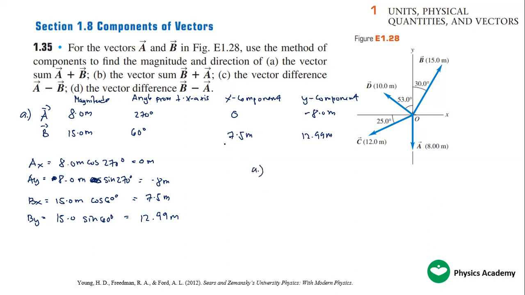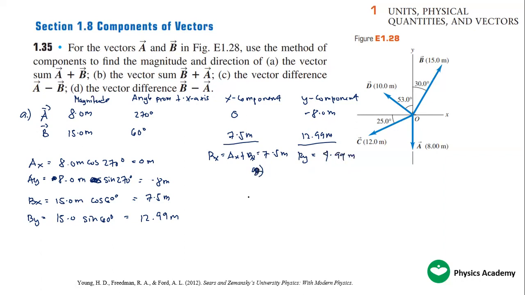Here, Rx is just AX plus BX, so we have 7.5 meters, and RY is negative 8 plus 12.99, so we have 4.99 meters.